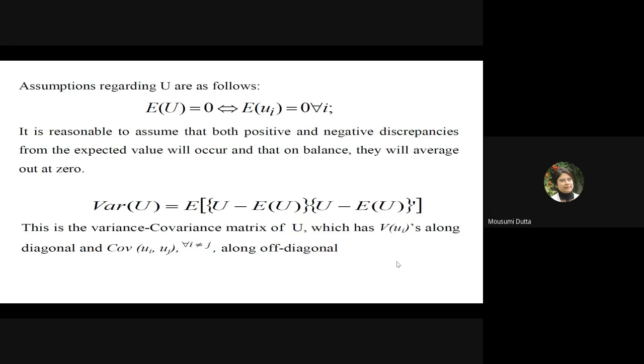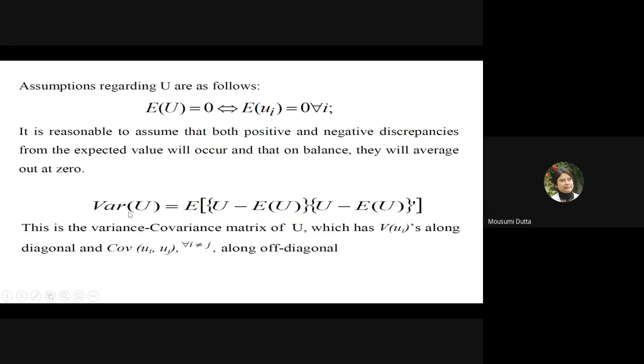So we are moving to the assumption of homoscedasticity and non-autocorrelation, assumption 2. When I am writing var of u vector, basically I am indicating the variance covariance matrix.